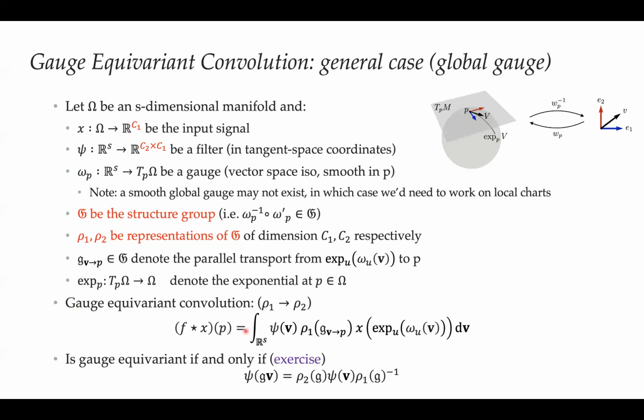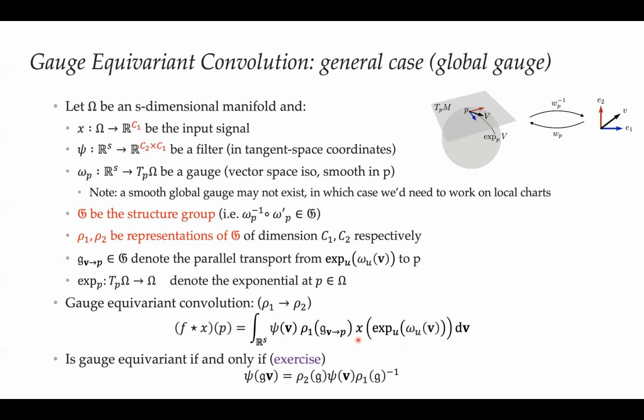All right, so we now have a similar equation for the gauge-equivariant convolution for an input rho 1 field to rho 2 field, which looks like this. We again want to take some kind of integral over the tangent plane of our filter times our signal.